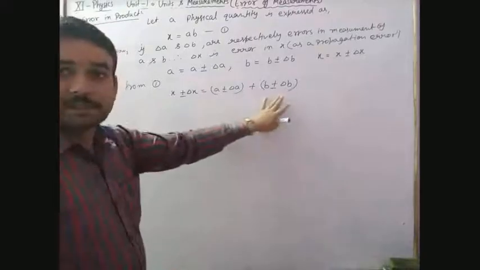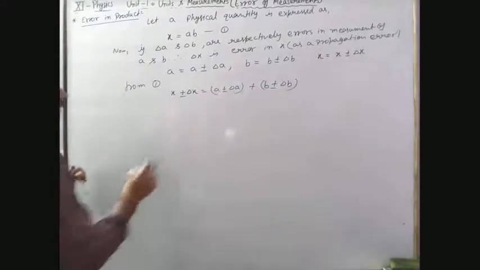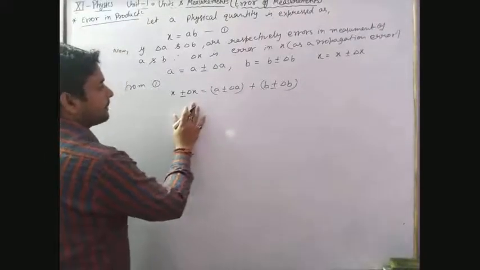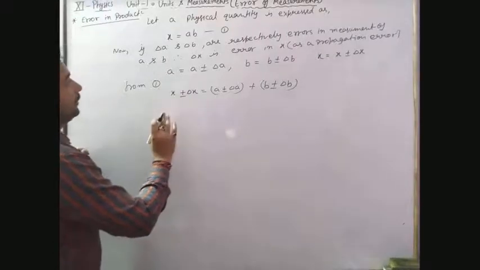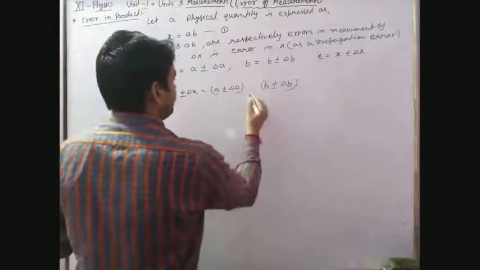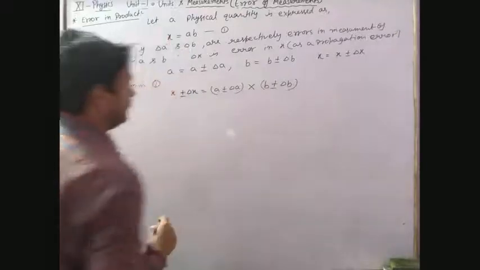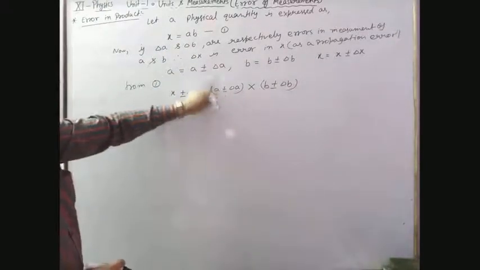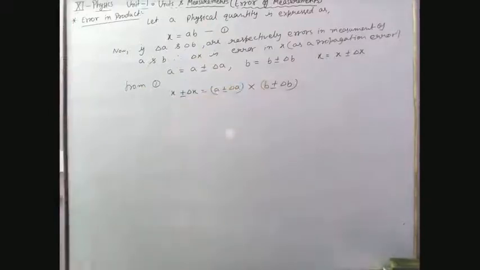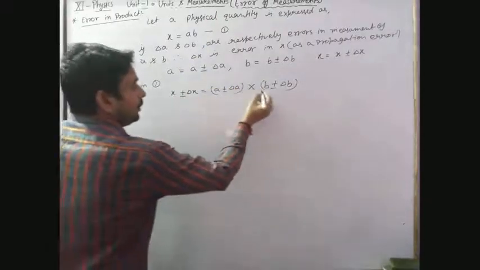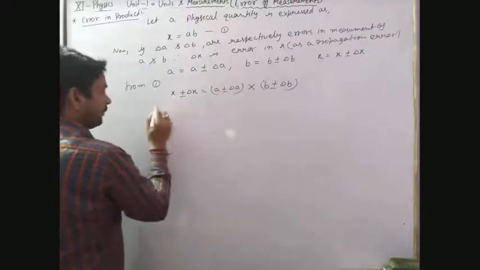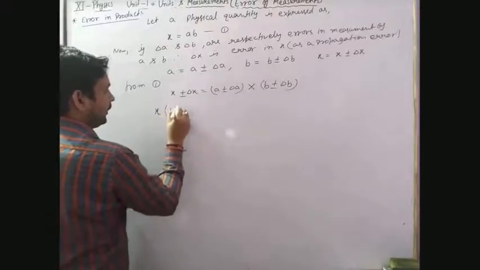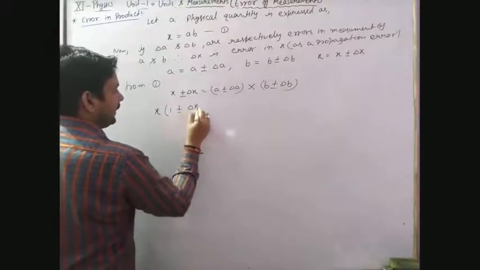We can write this in such a way, here in place of plus we get the multiply, as a this and b this. Now we take x common from here, we get 1 plus minus del x upon x.